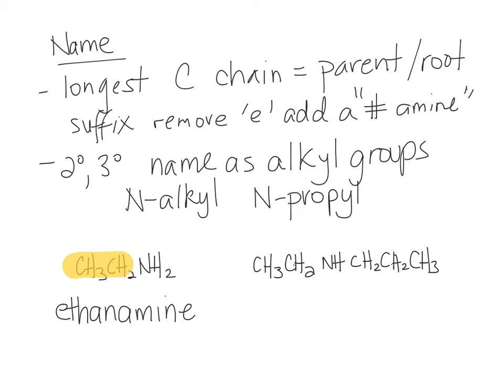The second compound here has 2 carbon chains and 1 hydrogen. So this is a secondary amine. The longest carbon chain is 3, so it's a propylamine. Because it's attached at the end carbon, it's attached to carbon number 1.